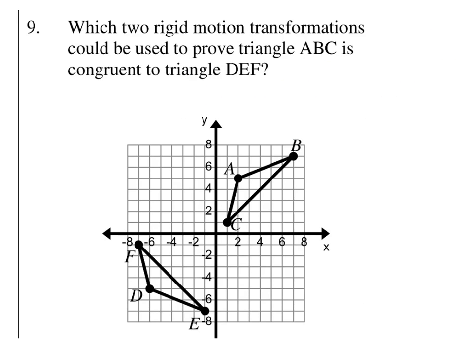On 9, we need 2 rigid transformations that can be used to prove ABC is congruent to DEF. So we're going to take this guy and move it over and get it to land on the one down there. And I'm going to go with that first one there that I kind of drew out, which is going to be a translation. And I'm going to have to go left 1, 2, 3, 4, 5, 6, 7, 8.